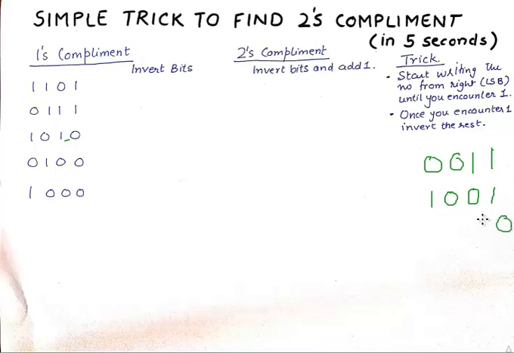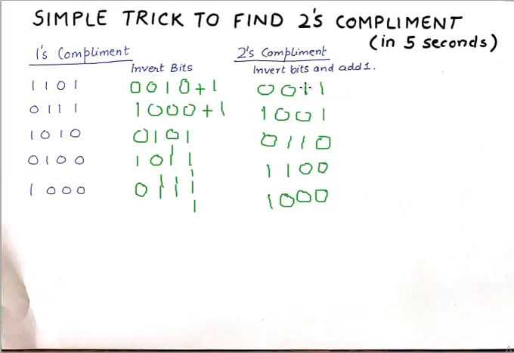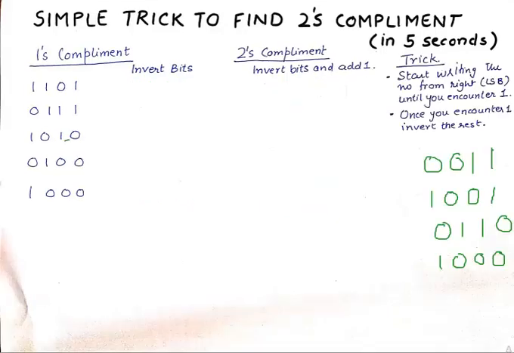Okay, we encountered a 1 here, then we invert this, and then we invert this. So this becomes 0 0 0, and we have not encountered a 1 here, so we keep it as it is. Let's check the answers with this one. This was 0011, so we have a 0011 answer, so this is correct.